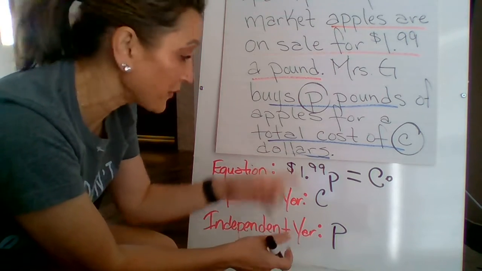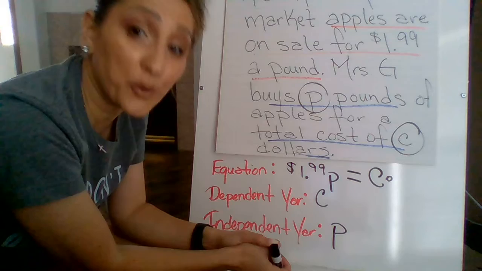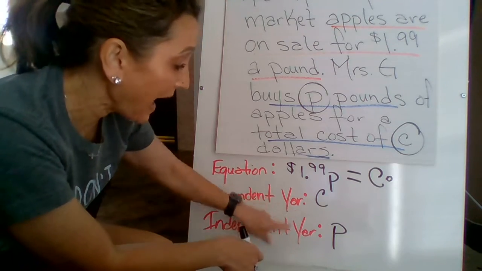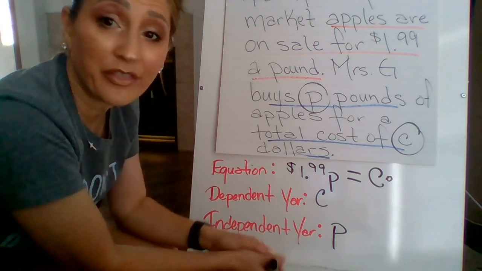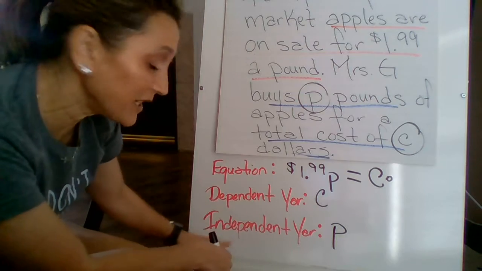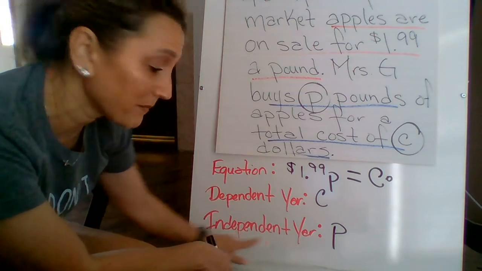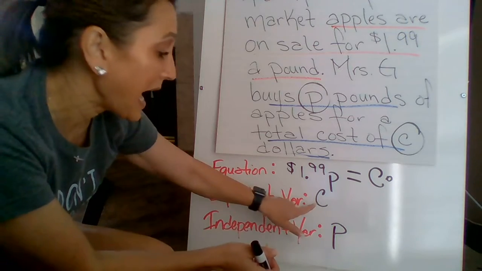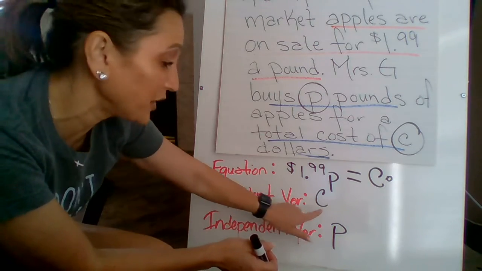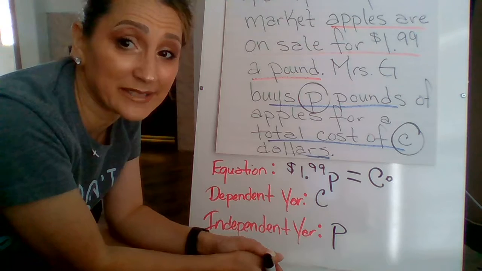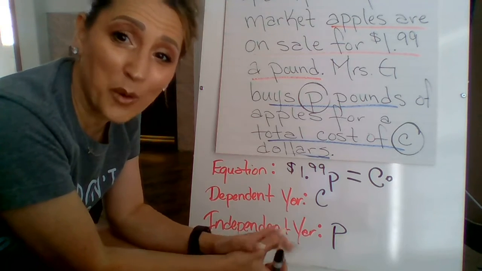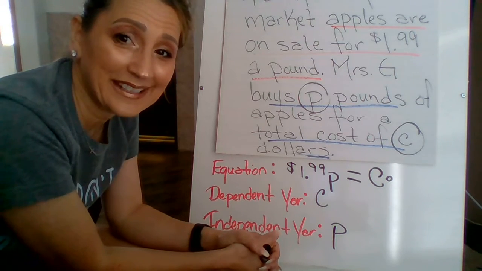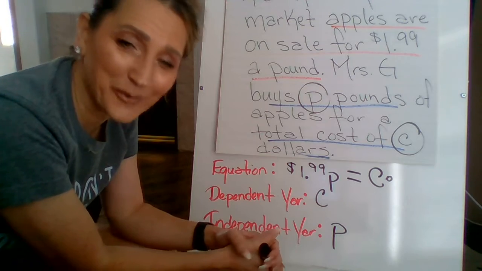If I find out that Mrs. Galloway bought 3 pounds of apples, I then can tell you the cost. But until I know independently how many pounds of apples she purchased, I won't be able to dependently tell you how much she spent. And that is what we're going to be learning this week in 6th grade mathematics at West Platte Elementary with Mrs. P.